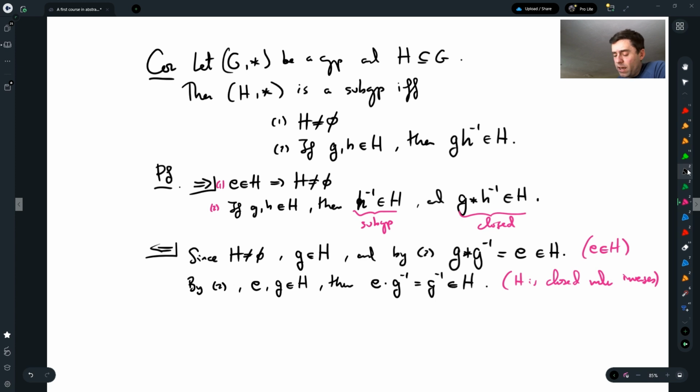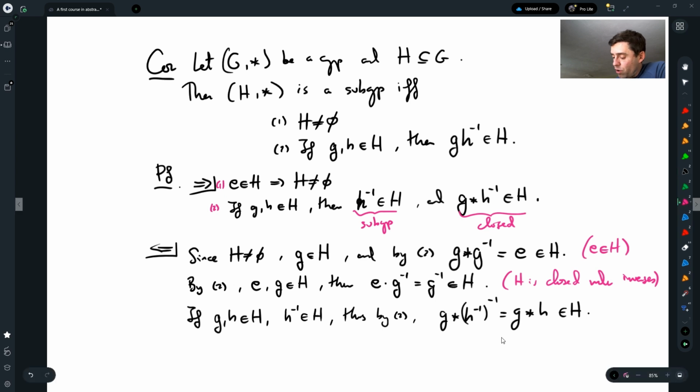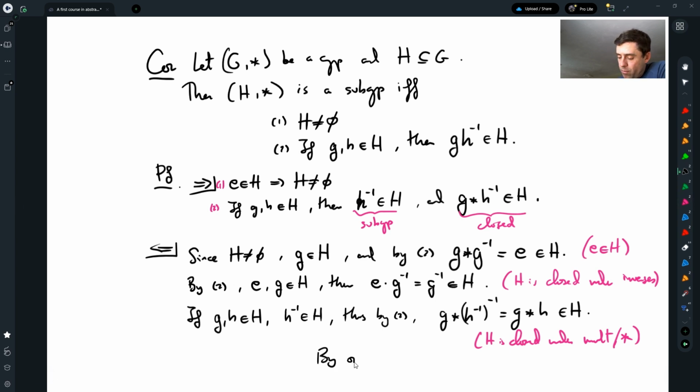And finally, multiplication. If I have g and h in H, I do have that by what I just proved, h inverse is in H, and thus by property 2, we have that g star h inverse inverse, which we showed that h inverse inverse is h, has to also be in H. Therefore, H is closed under multiplication or under star, and therefore I can use our previous theorem.